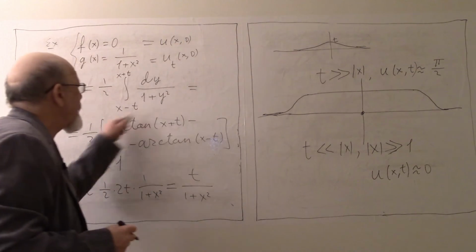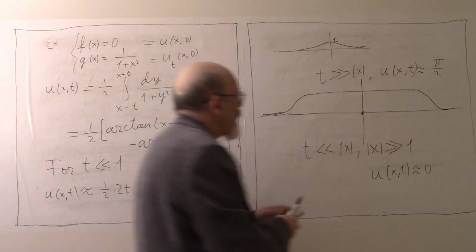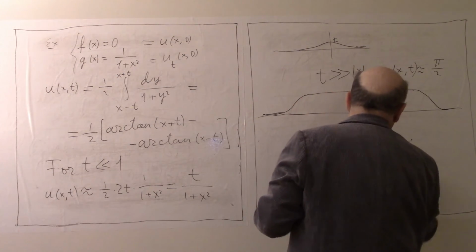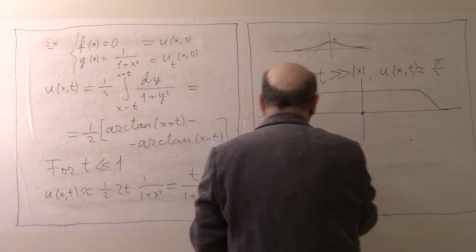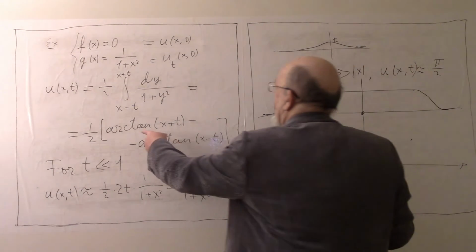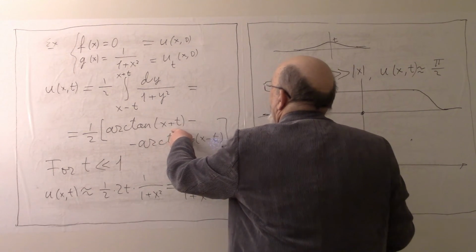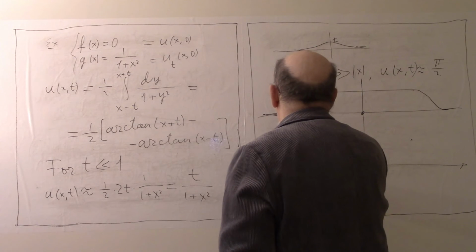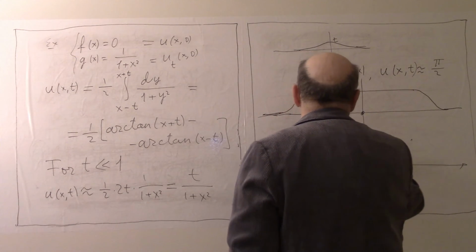So we have to study this function. Let me draw it. It is the difference of two functions. One function is arctangent of x plus t, it is this function.